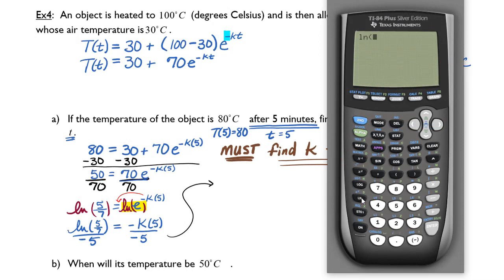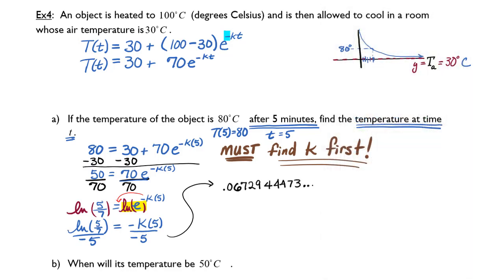Putting this in my calculator, the natural log of 5 divided by 7, all divided by negative 5, gives me 0.0672944. Now, this is pretty important to keep in your calculator, because if you don't, you will end up being off by a substantial amount by the end of your calculation.